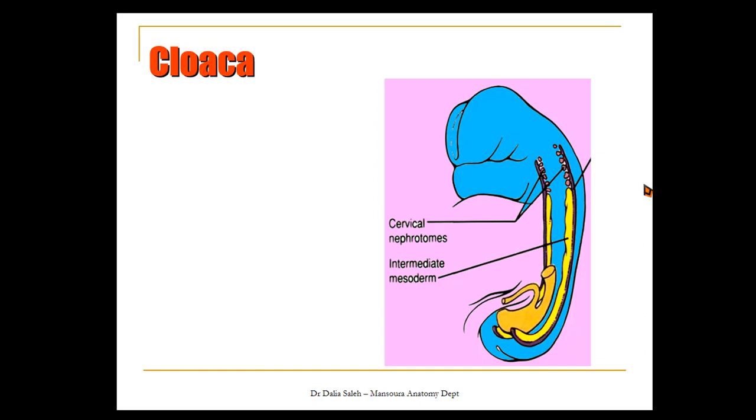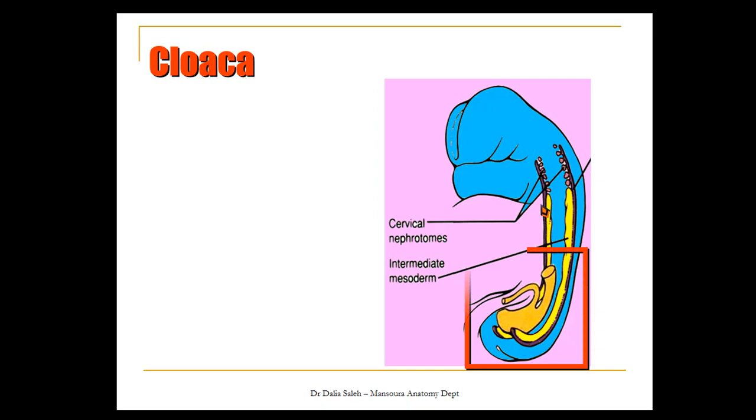In this other view, you can see the head of the embryo, the heart region here. This is the intermediate mesoderm where the urinary system will develop, the pronephros, the mesonephros here, and this is the mesonephric duct. So this is the cloaca where the hindgut ends, and also the two mesonephric ducts.